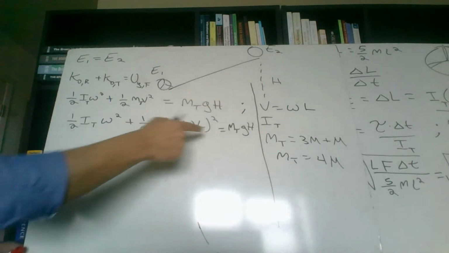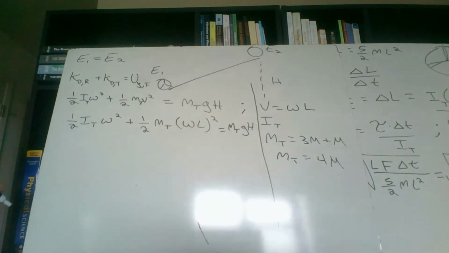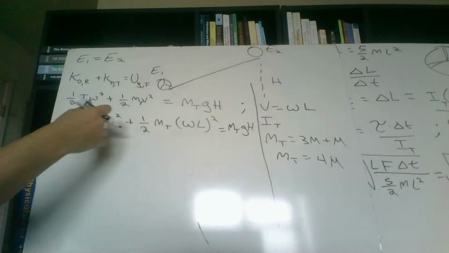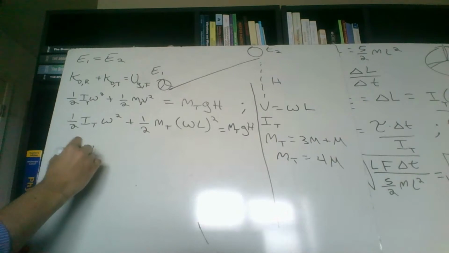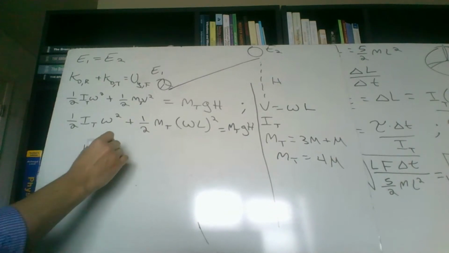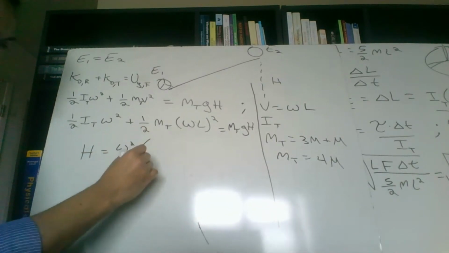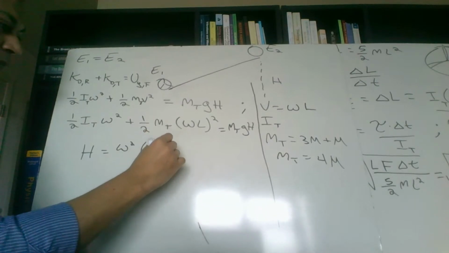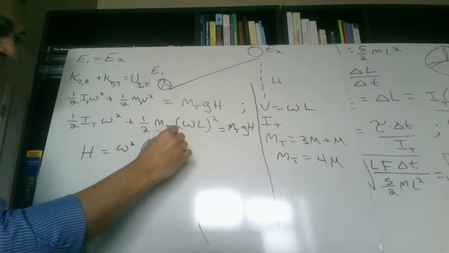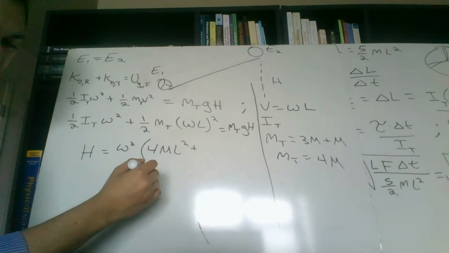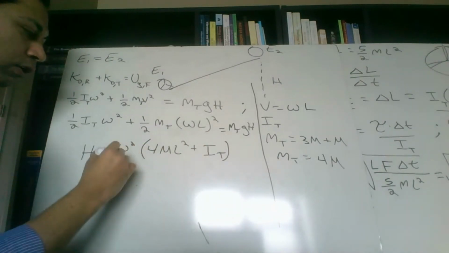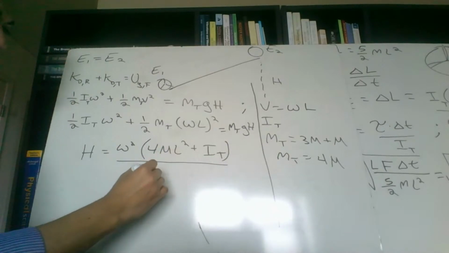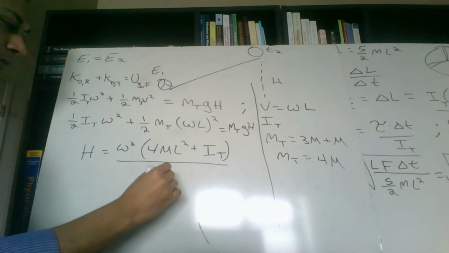And you solve for h. So divide both sides by m total times g, and then clean this up a little bit. What you'll end up with is h equaling omega squared times 4ml squared plus I total, all divided by 8mg.